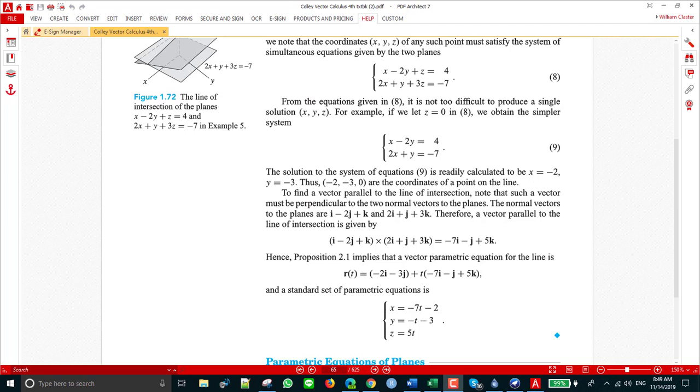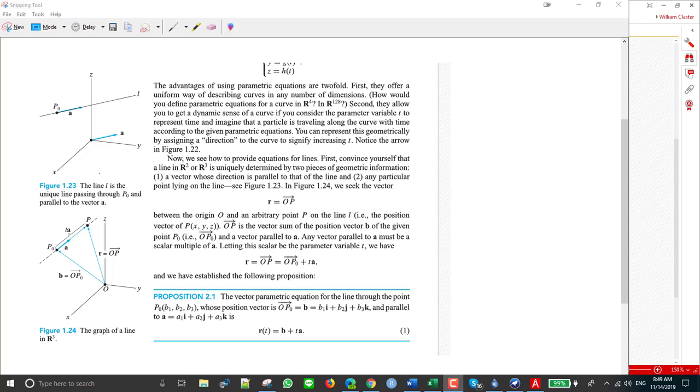proposition 2.1, which, remember, looks like this. So we're going to get an equation of this form. And remember where this comes from.